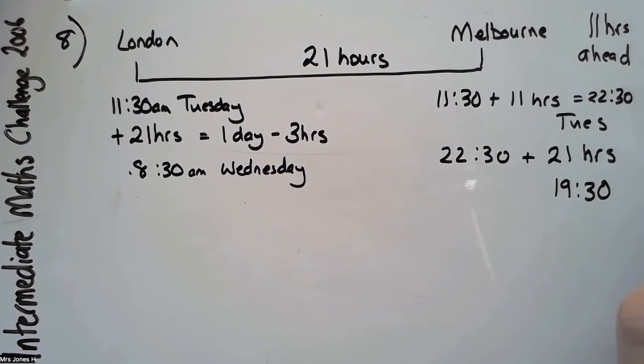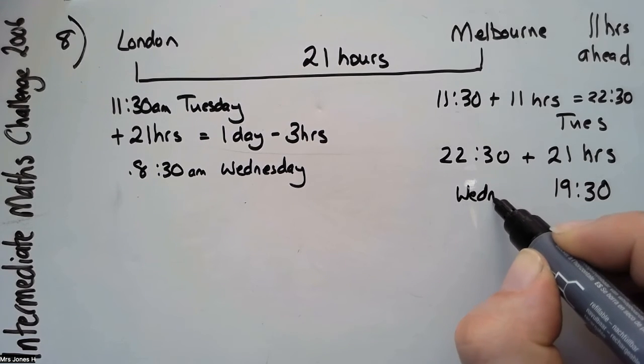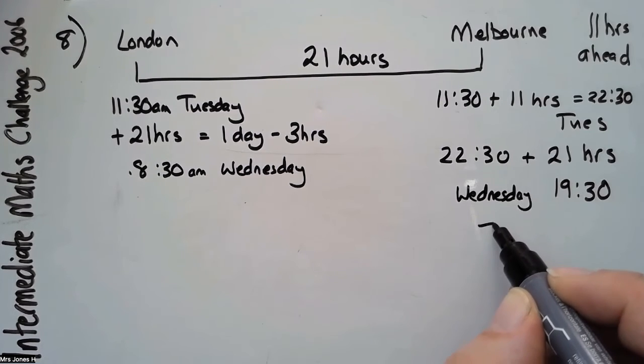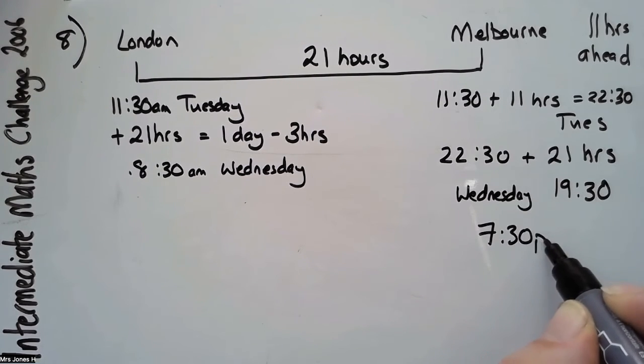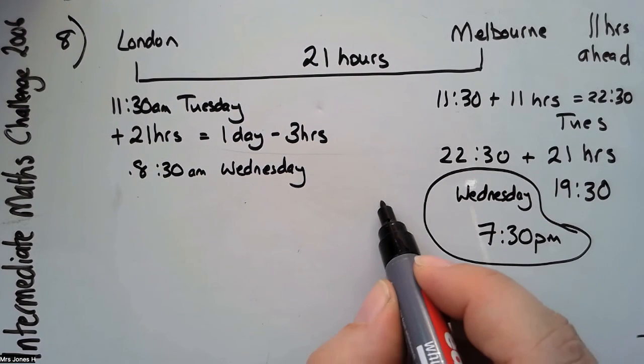So 19:30 Wednesday is the same as saying 7:30 p.m. on Wednesday. So the solution is C.